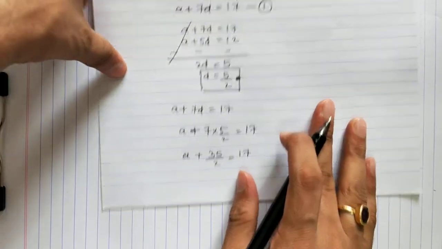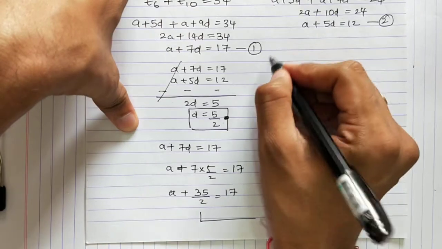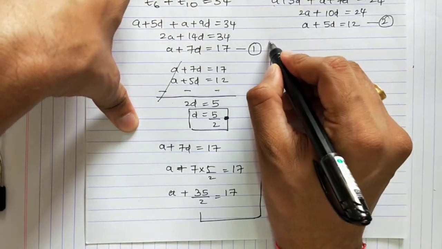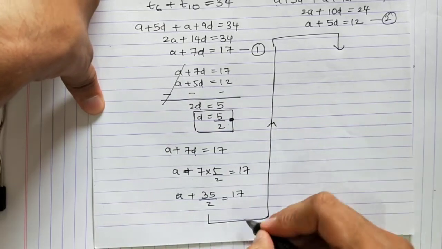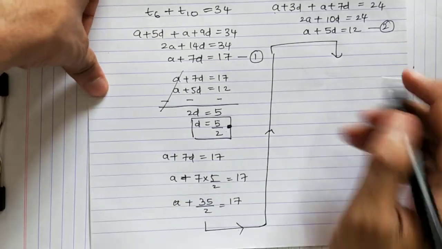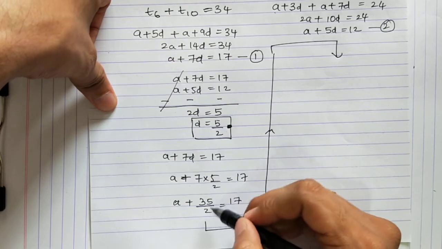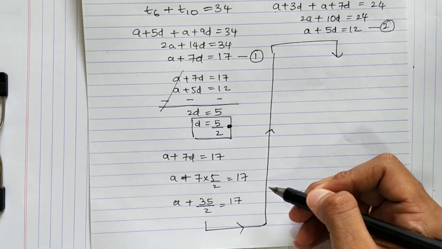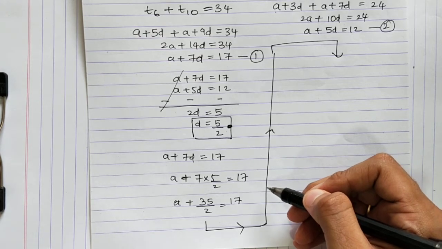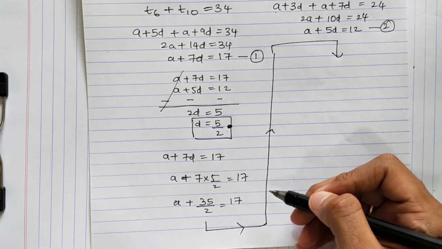How to solve this? This 35 upon 2 will go there and get subtracted.